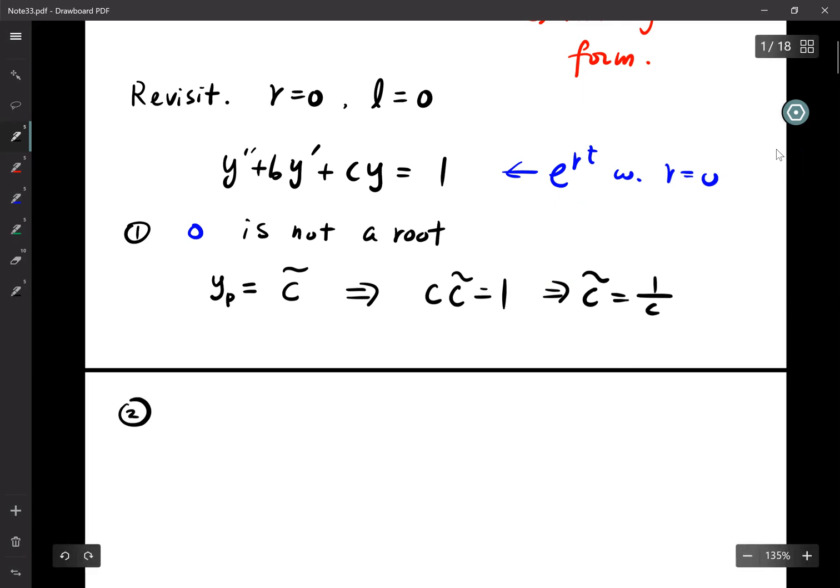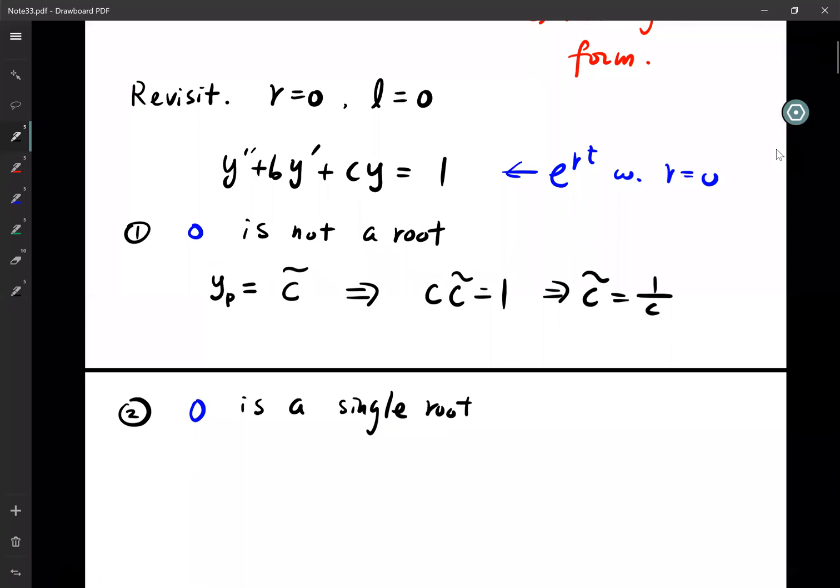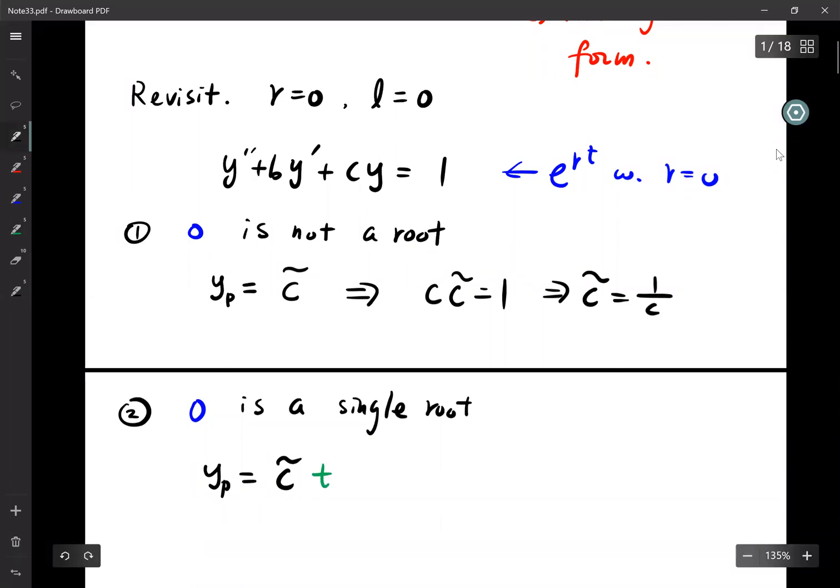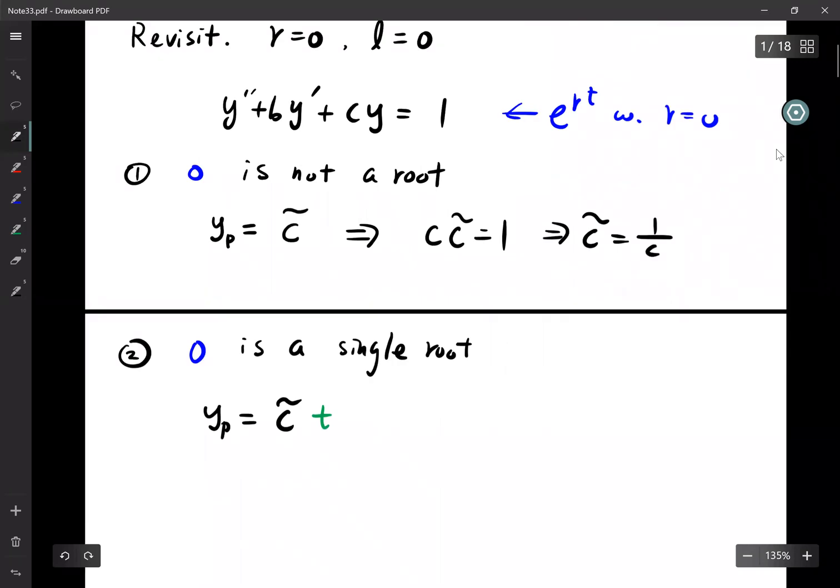So indeed, you plug into the equation and you find that these derivatives vanish. The second case is 0 is a single root. If 0 is a single root, we should really guess yp to be some constant C tilde, exponential RT, again this is 1, times an extra factor that is t. As we have seen last time, even though the right-hand side is t to the 0th power, the first power might appear.